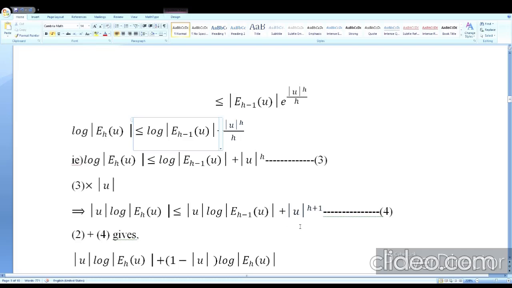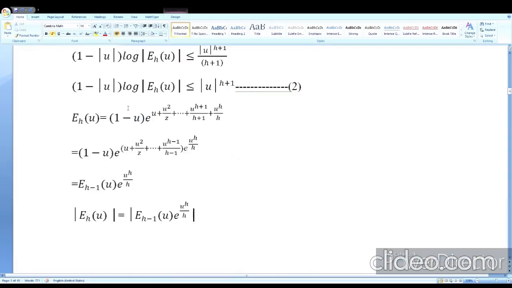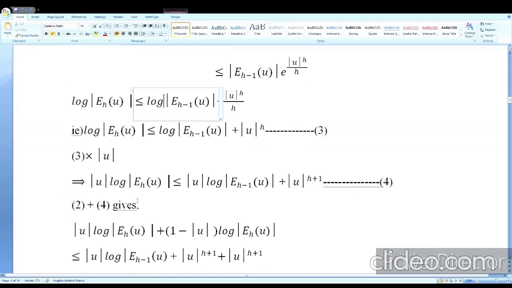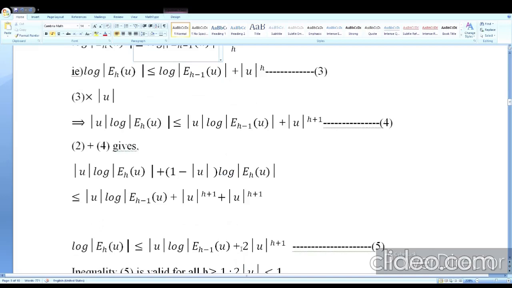Now we add inequality 2 and 4. Here we have 1 minus mod u, there we have modulus of log E_h of u. So adding these two, we get modulus of u log E_h of u plus (1 minus mod u) log E_h of u less than or equal to, right side also we add both the terms, and we get this. Minus mod u log E_h of u and plus mod u gets cancelled.